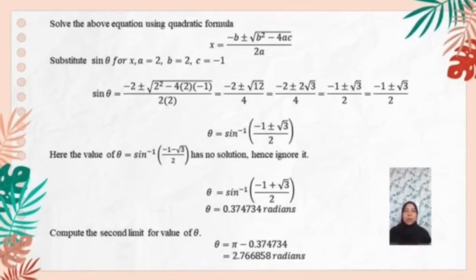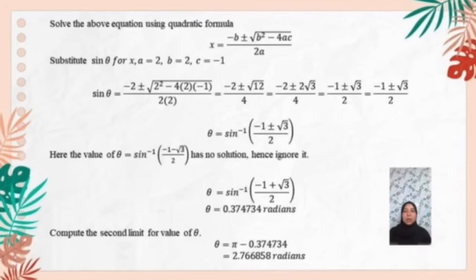After we substitute the value of A, B and C, we simplify until we get the value of theta, which is sine inverse of negative 1 plus minus 3 divided by 2, but we ignore the value of negative 3 because it has no solution.